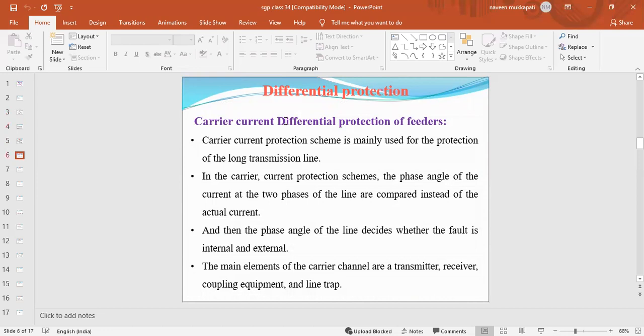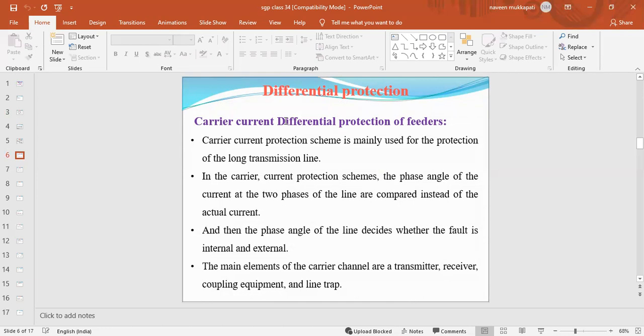Because the differential protection is suitable only for feeders shorter than 15 kilometers. That's why we go for the carrier current differential protection of a feeder.